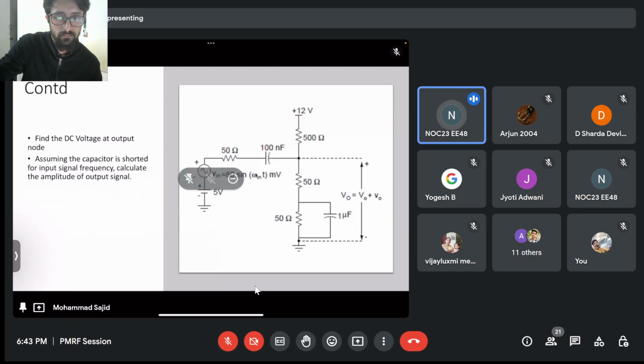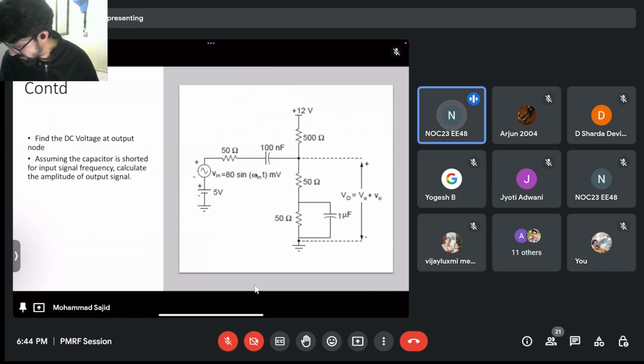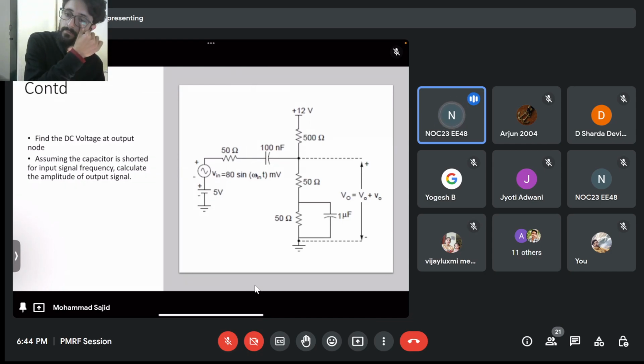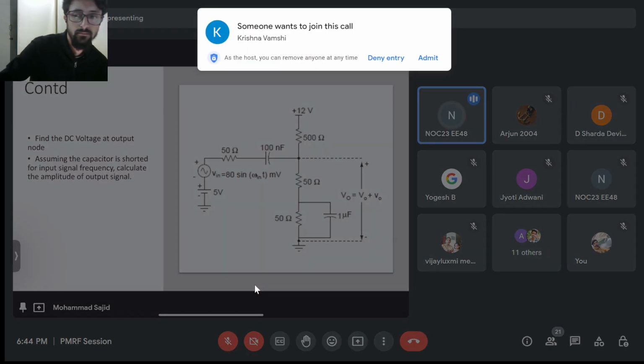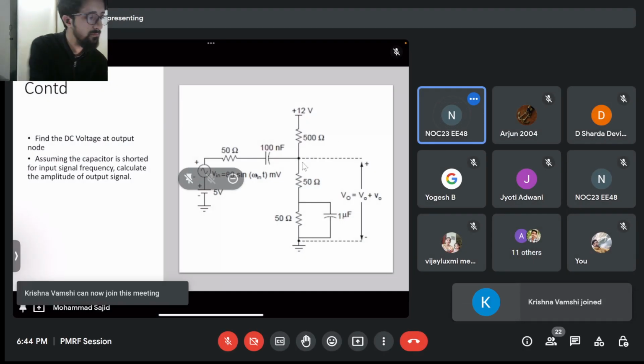The right side branch generates the DC voltage through a potential divider, and the left side circuit feeds the signal through the AC coupling capacitor or DC decoupling capacitor. This kind of arrangement will be used in our BJT circuit, where we'll have a separate biasing circuit and a separate signal source, and the signal will be coupled through a capacitor, right? And we'll definitely go into detail on BJT and MOS. Any other query?